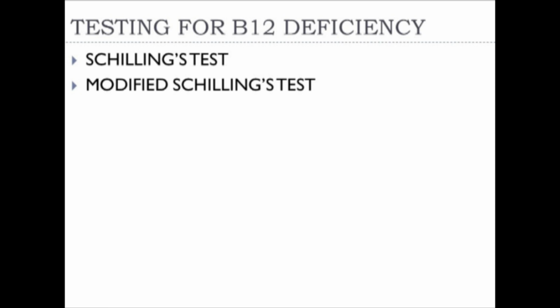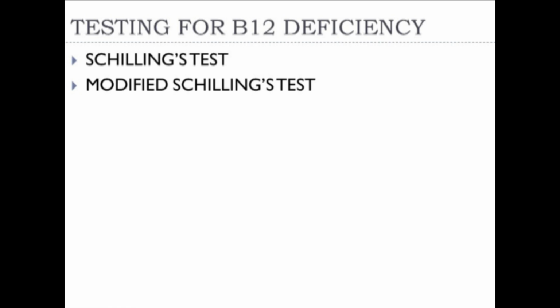What's taking place then in this case is that there's not enough acidity to break down the protein that contains the B12, thereby making less B12 available. So this in a sense would confirm achlorhydria found mostly in patients over the age of 50, due to the fact that the parietal cells are not secreting enough hydrochloric acid to break down the protein.